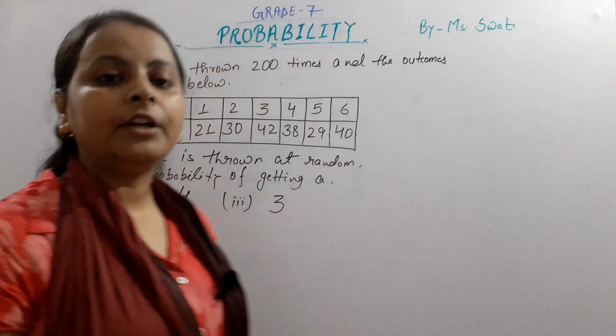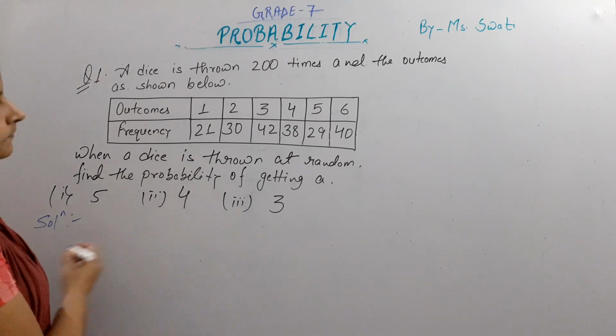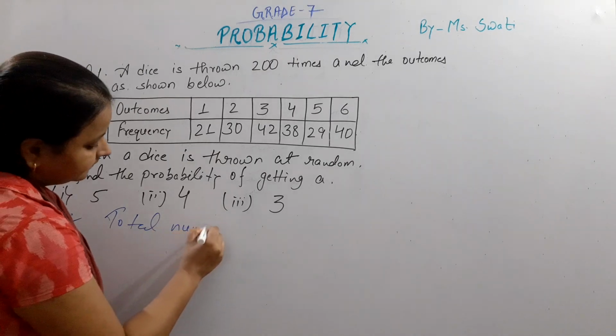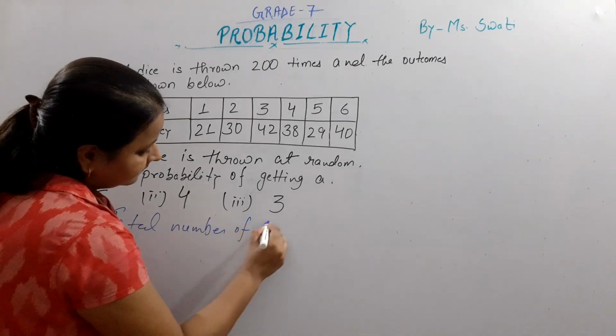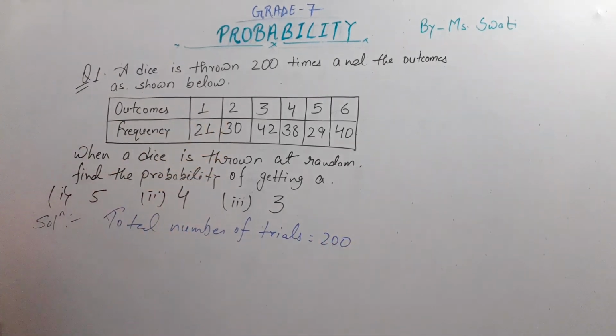Students, what formula do we use for finding the probability? Yes. So, what is given here first? A dice is thrown 200 times. It means here the total number of trials is equal to 200.